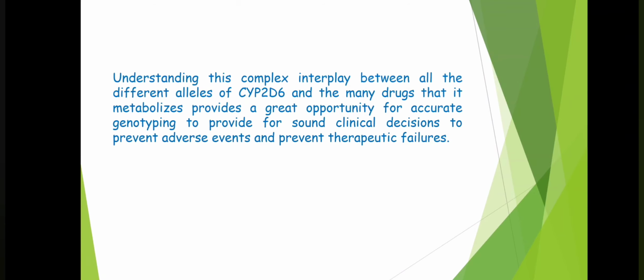Understanding this complex interplay between all the different alleles of CYP2D6 and the many drugs that it metabolizes provides a great opportunity for accurate genotyping to provide for sound clinical decisions to prevent adverse events and therapeutic failures.